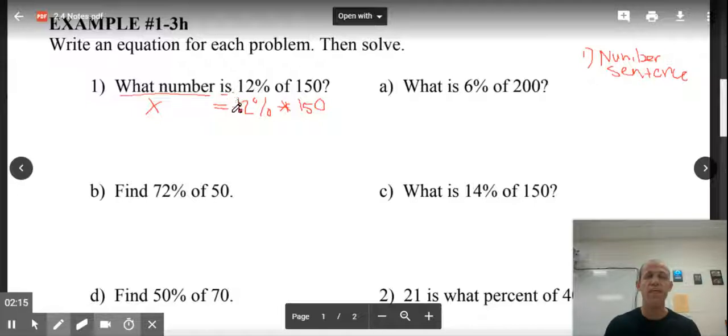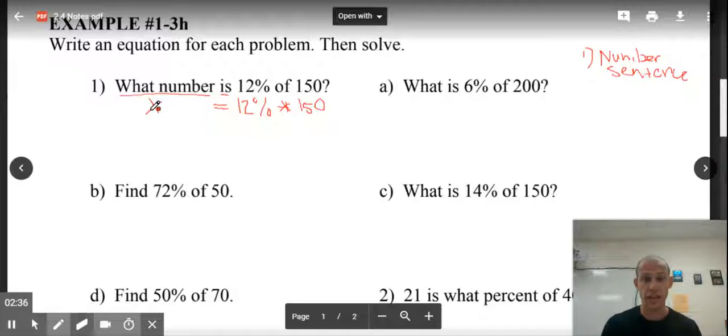Is, that means equal to. This is that. They are the same. 12% and 150 are just numbers. Of, however, means multiply. Whenever you see of, out of is not the same. That means divide, but of is multiply.